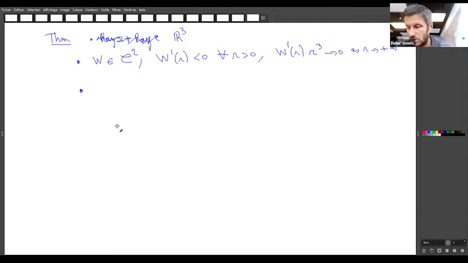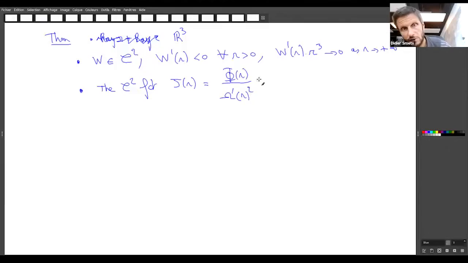So we are going to assume that the C2 function capital J of r, which is phi of r divided by omega prime squared of r, where phi is the one from the previous slide, so it's 2 omega of r times capital W of r divided by omega prime of r squared.